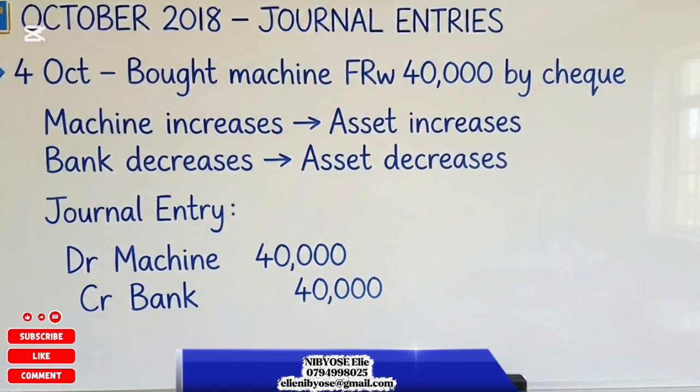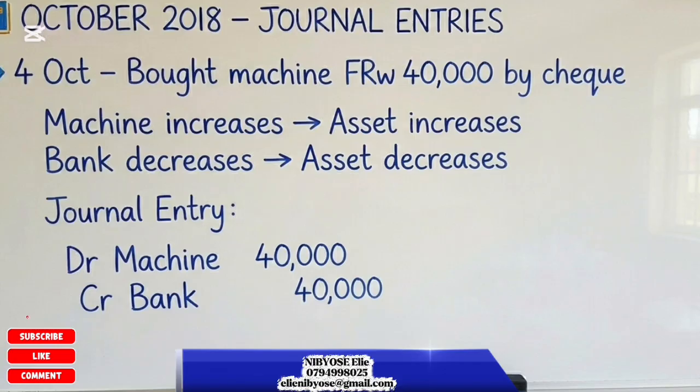On 4th October, the company bought a machine of 40,000 francs by check. This means the machine as an asset increased and the bank account decreased because we paid by bank. It means our assets in the bank had decreased through payments made.